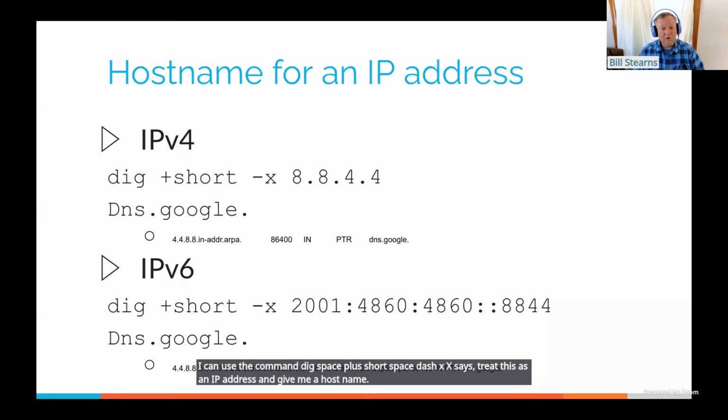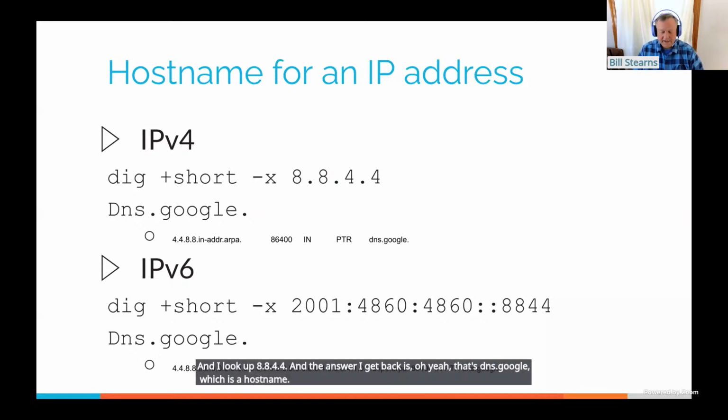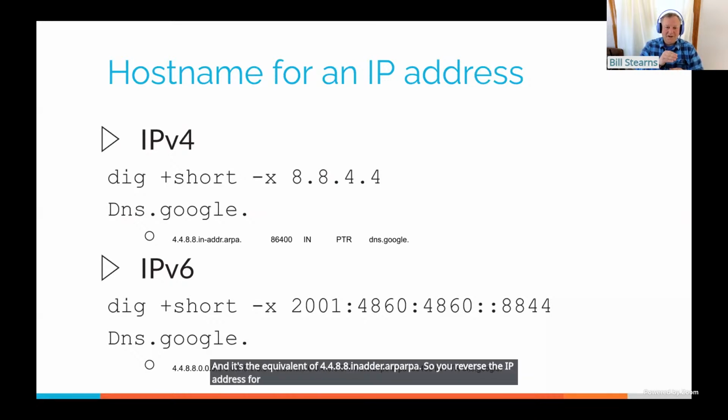And I look up 8.8.4.4, and the answer I get back is, oh yeah, that's dns.google, which is a host name. And it's the equivalent of 4.4.8.8.in-addr.arpa. So you reverse the IP address for the IPv4 address, append in-addr.arpa, look that up, and it comes back and says, oh yeah, that's dns.google.